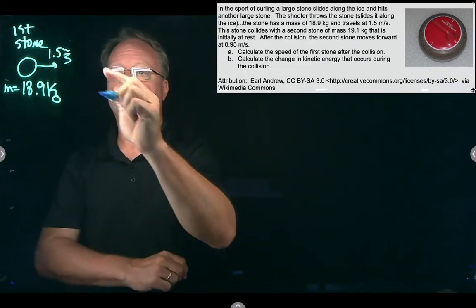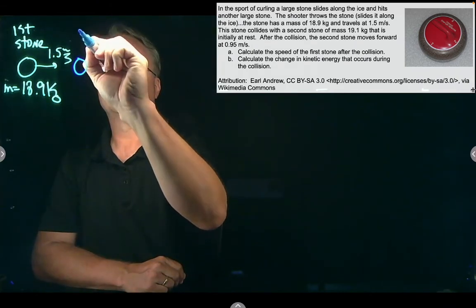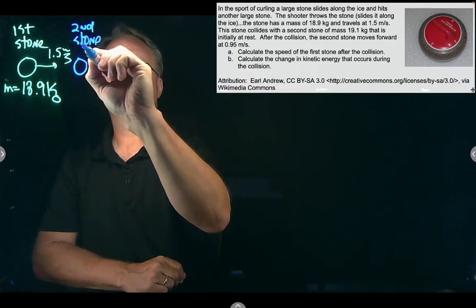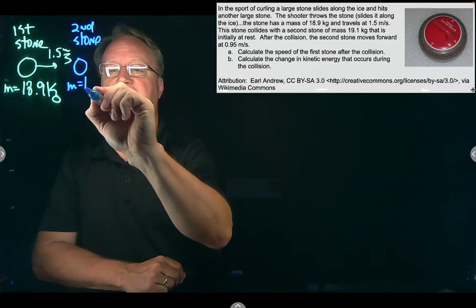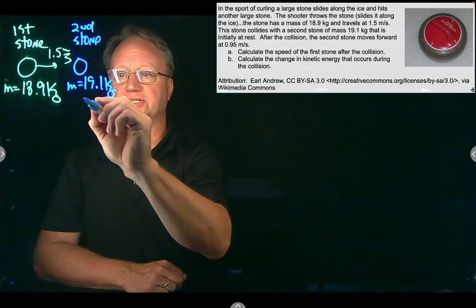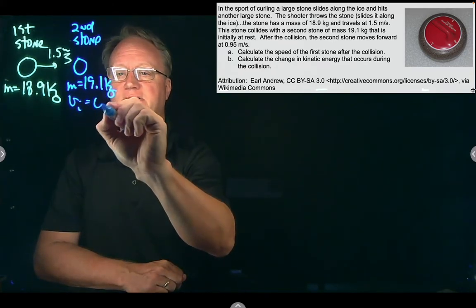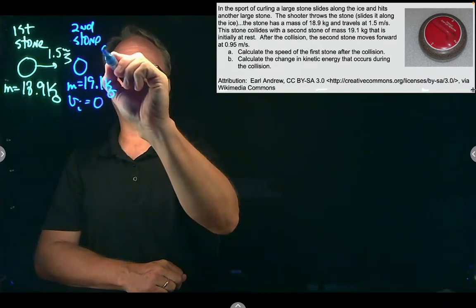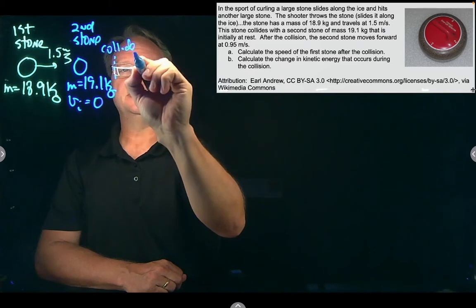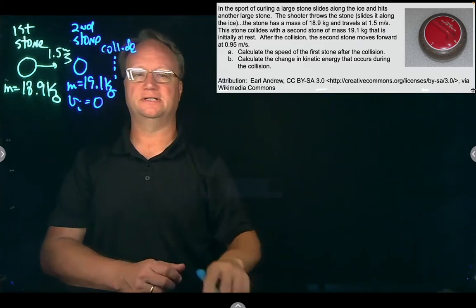The second stone, I'm going to draw in here, has a mass of 19.1 kilograms. That is initially at rest. They collide, so we'll put a kind of a division there.